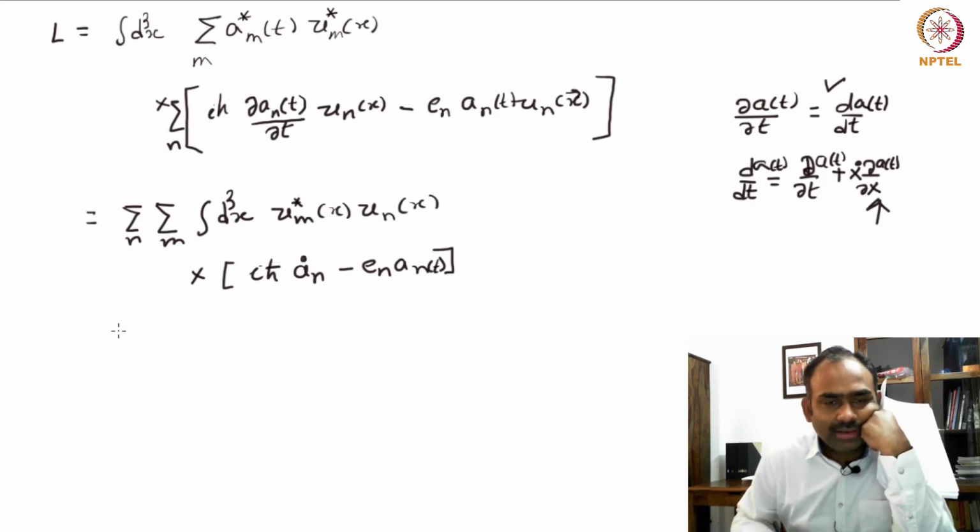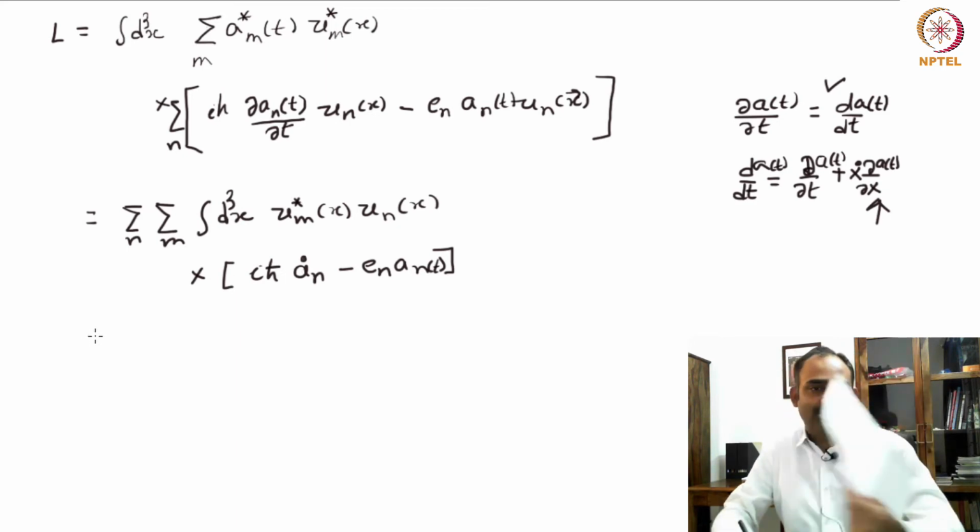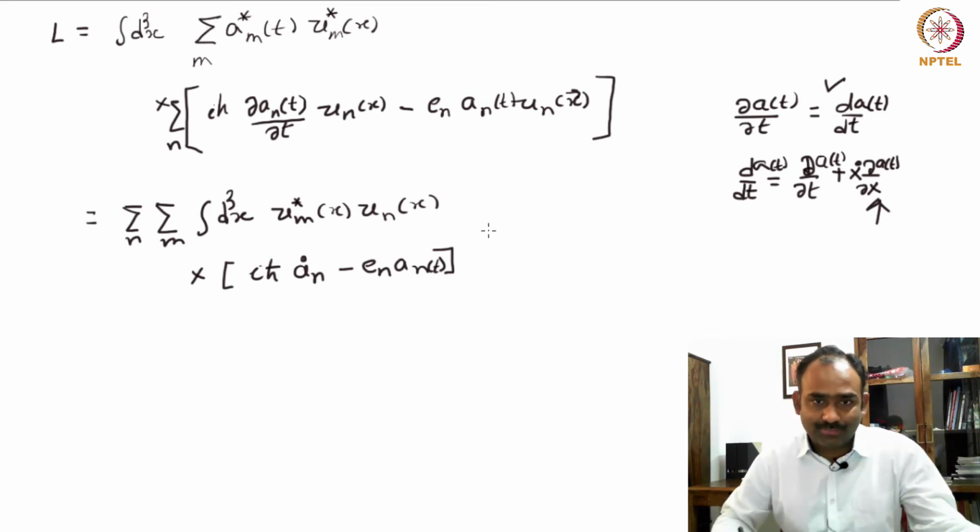Okay, good. Now I can use the fact that these wave functions are orthonormal. I can choose them to be orthonormal because they are eigenfunctions of a Hermitian operator, the Hamiltonian of the single particle quantum mechanics.